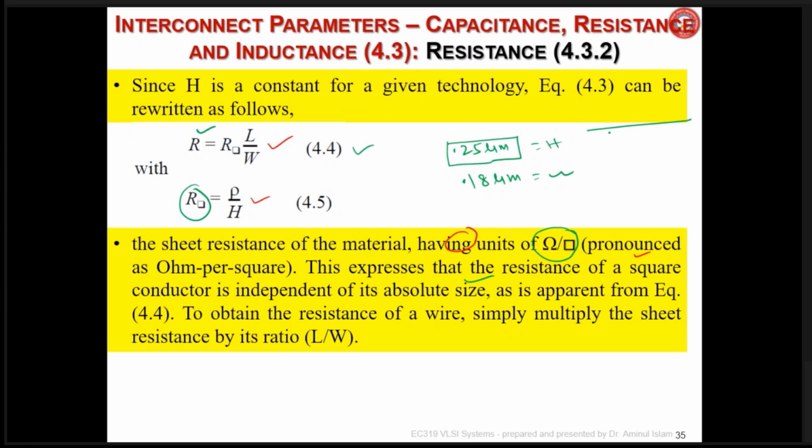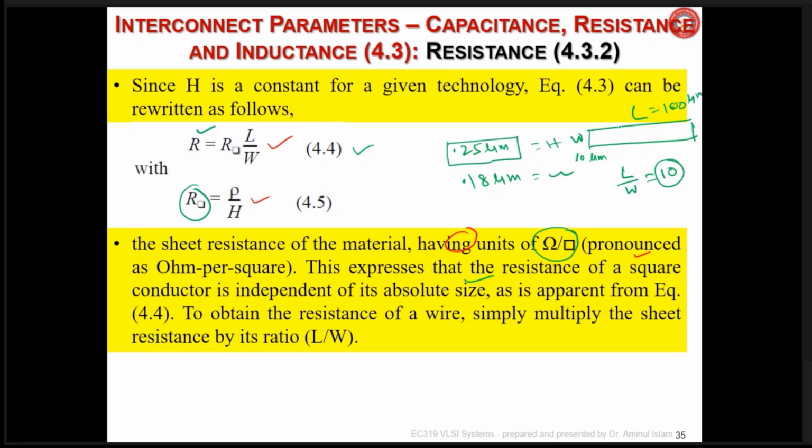Suppose W is the width and L is the length, say L is 100 micrometers and W is 10 micrometers. Then L by W will give a number, 10, so you have 10 squares.